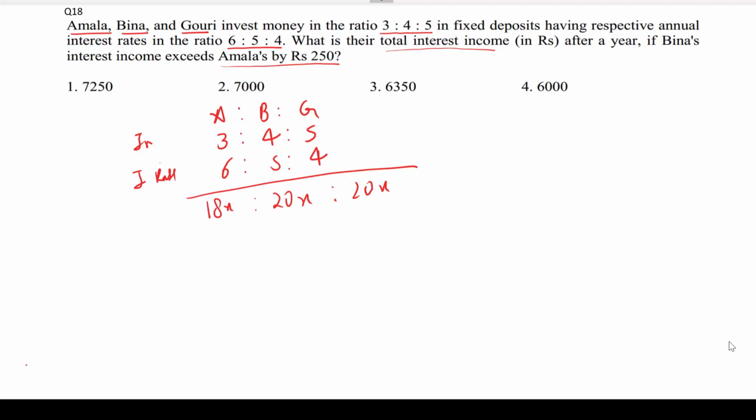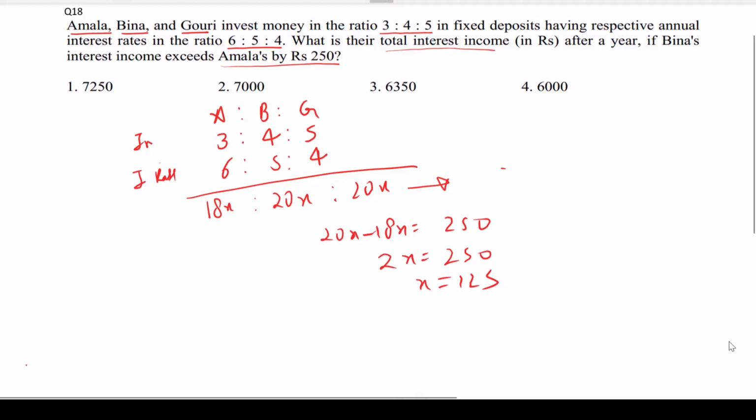So Bina's income minus Amla's, 20x minus 18x, that is given 250, hence x will be 125, and we need to find their total interest income. Total interest income will be 58x. So that will be 58 into 125.